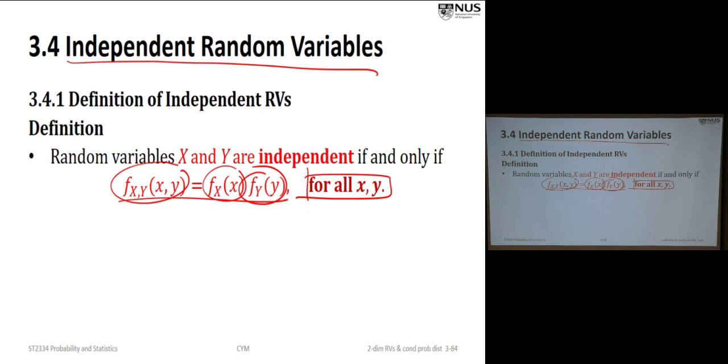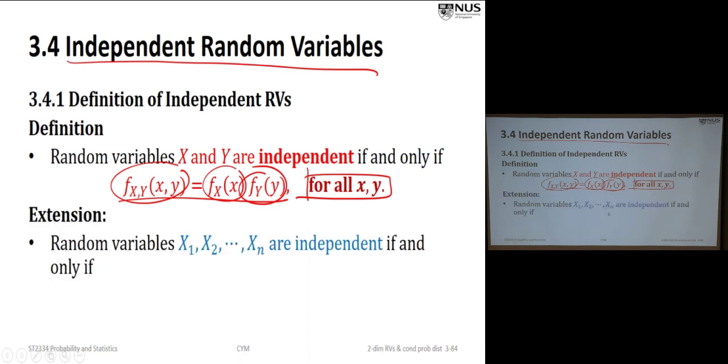All right, true for any xy. Wow, headache, huh? So it's true for all xy. Don't have to check all the xy. All right. So yes, it's true for all xy. And this definition can be extended to n independent random variables, x1, x2, up to xn.